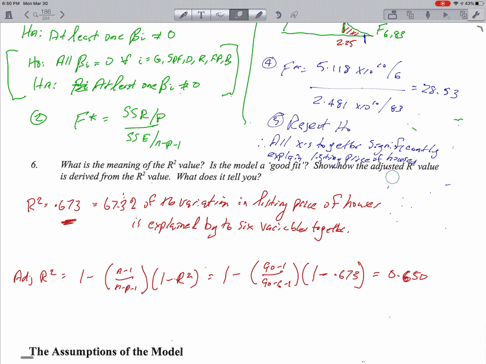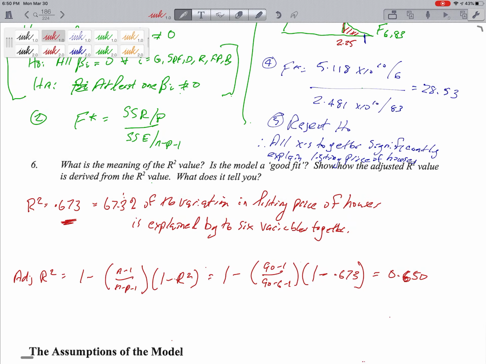Hey, one last thing I want to show you before we leave this page here. Now that we've got the R-squared value, this is kind of an aside, but it ties these two questions together. Remember I said that the F star can also be calculated, this was back in Unit S, using R-squared values.